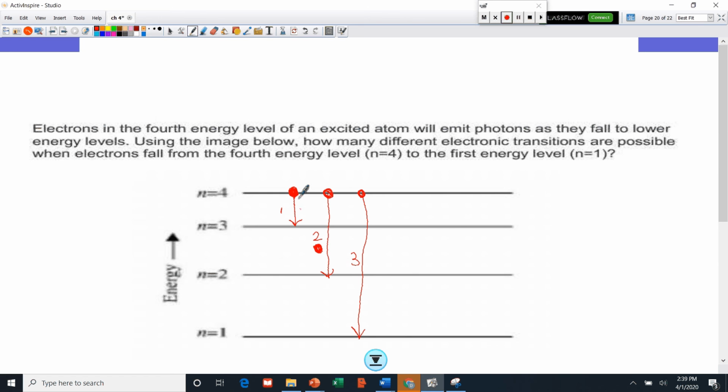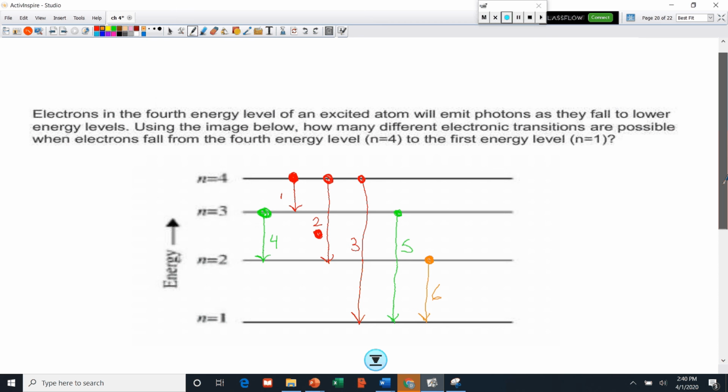Now, since you have an electron on this level, you could move from here to here, that would be 4, or from here to here, that would be 5. And then the other possibility would be the electron that you have here, that could be 6. So there are actually 6 possible transitions. We could actually see 6 different colors or 6 different flashes of light as this is happening.